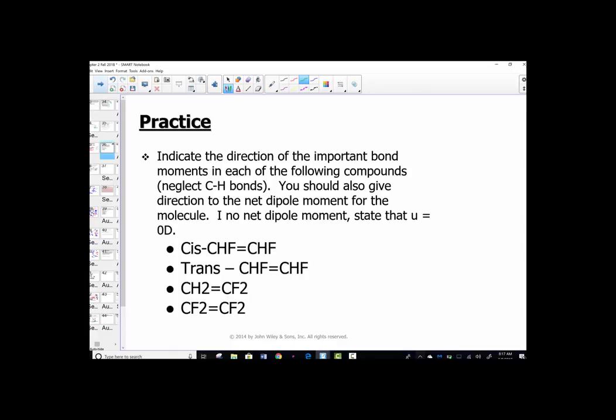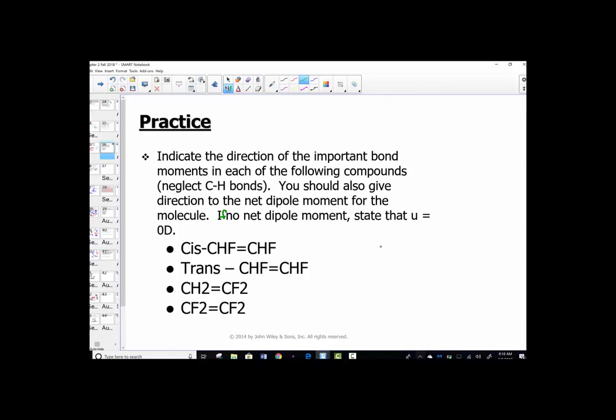Here's a practice. Indicate the direction of the important bond moments in each of the following compounds, neglecting, of course, the nonpolar C-H bonds. You should also give a direction to the net dipole moment. If no net dipole moment exists, state that the polarity is 0.